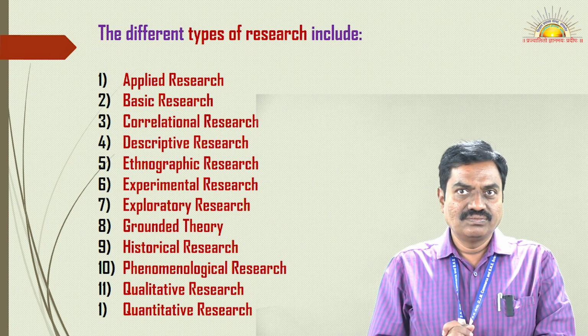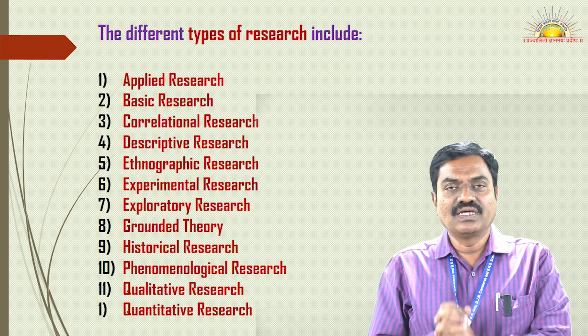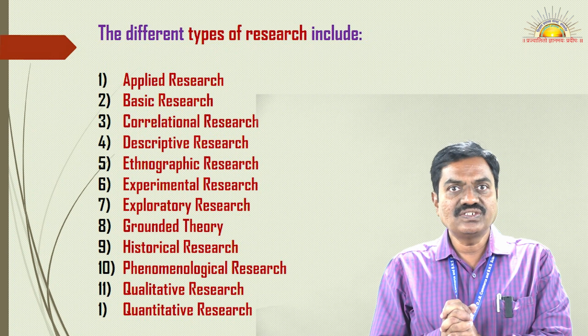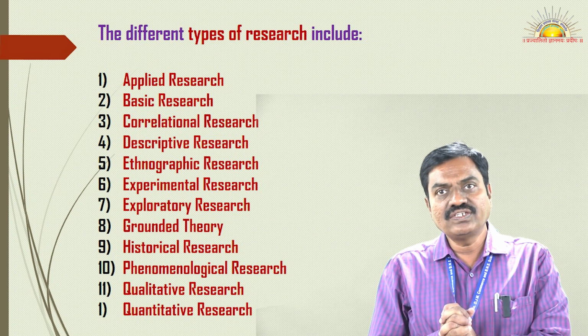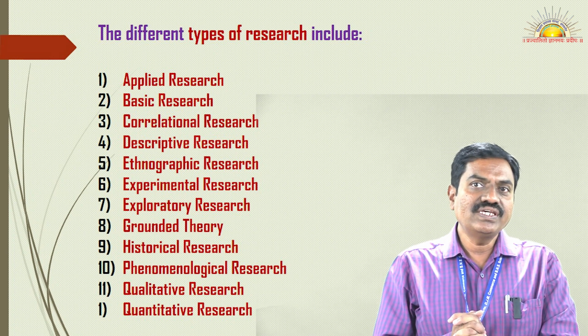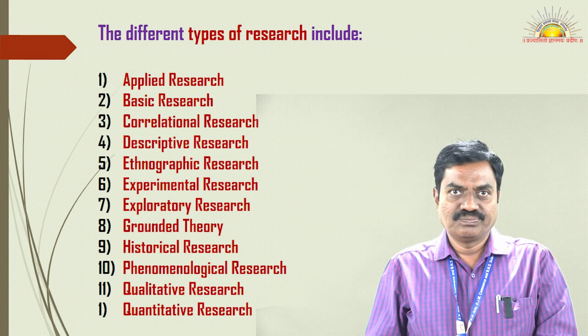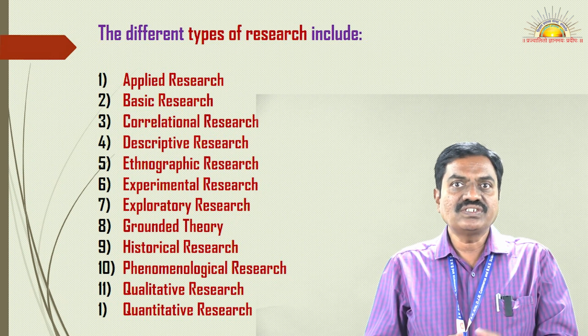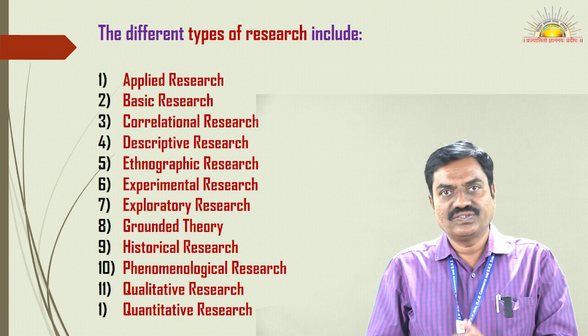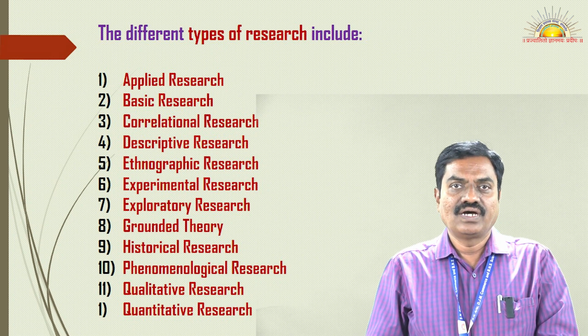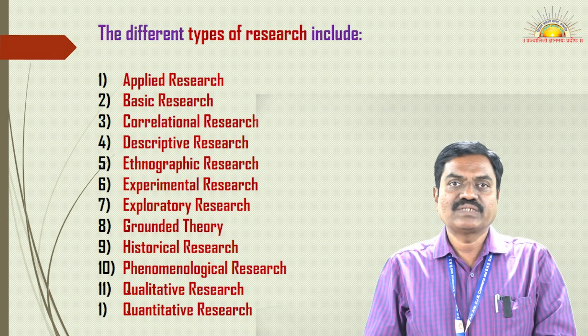In this lesson, we shall talk about the remaining. They include experimental research, exploratory research, grounded theory, historical research, phenomenological research, qualitative research and quantitative research. Now, we shall begin with a discussion on experimental research.